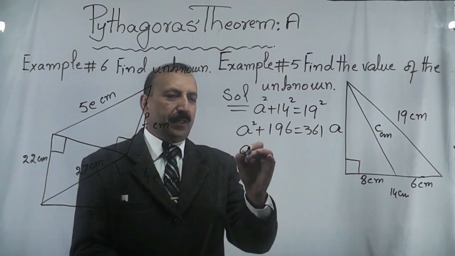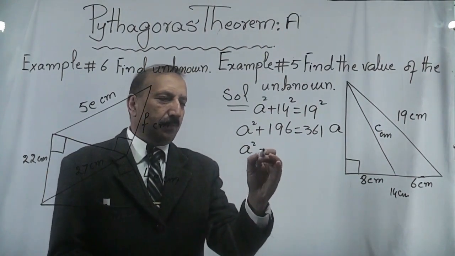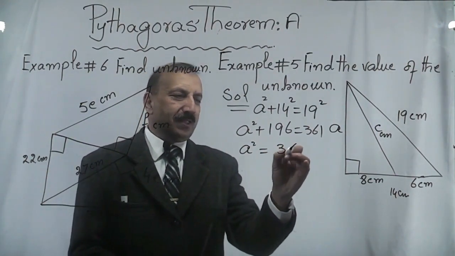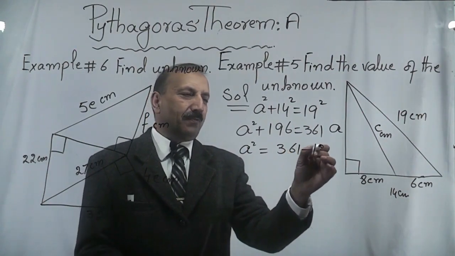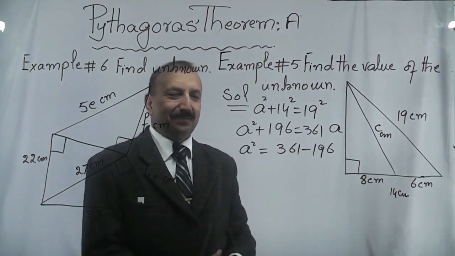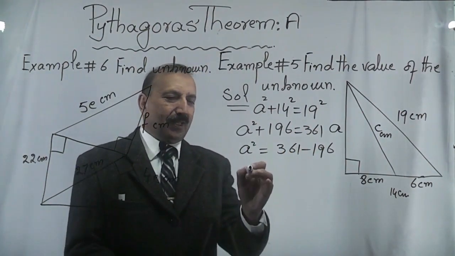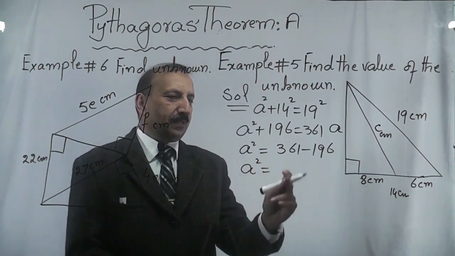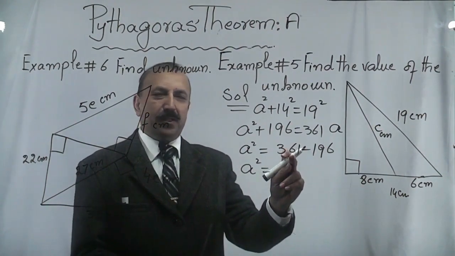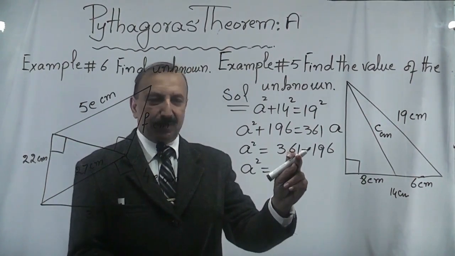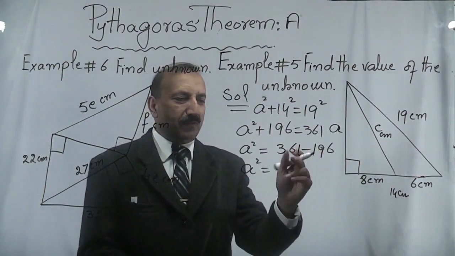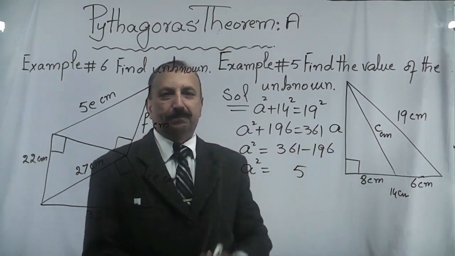Next, A square is equal to 361 minus 196. Let's subtract these two numbers. Borrowing 1 from here, it will become 11. Let's subtract 6 from 11, we will get 5 here.